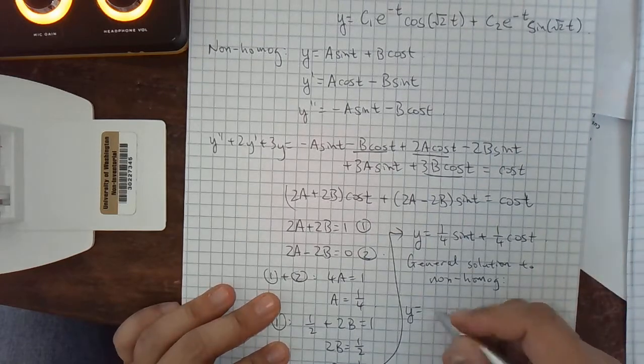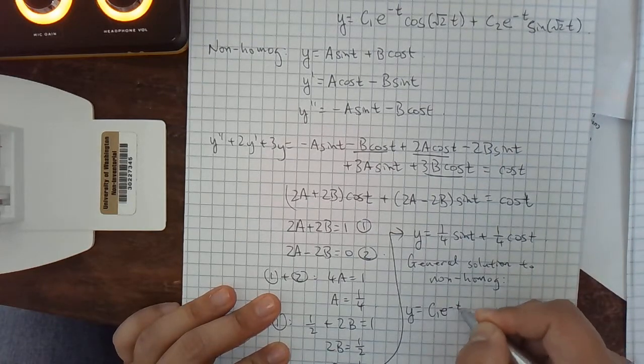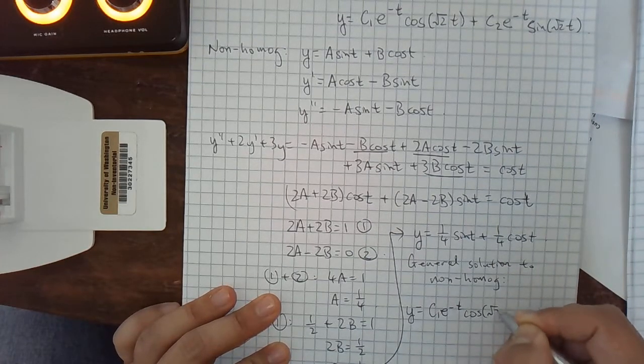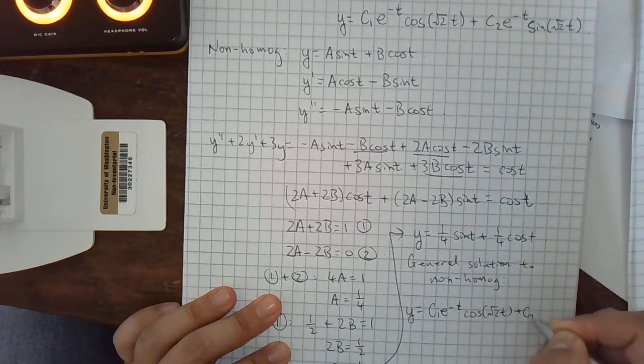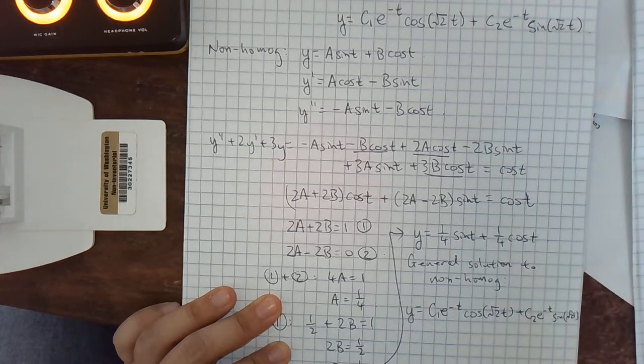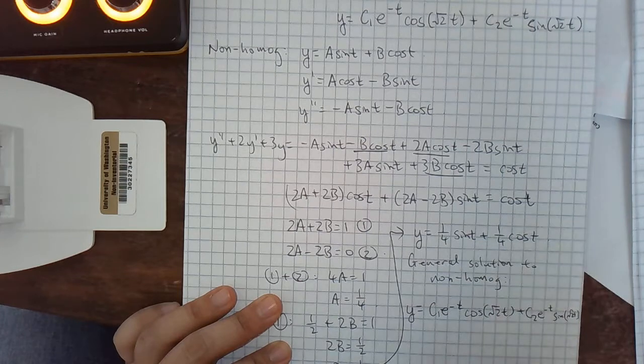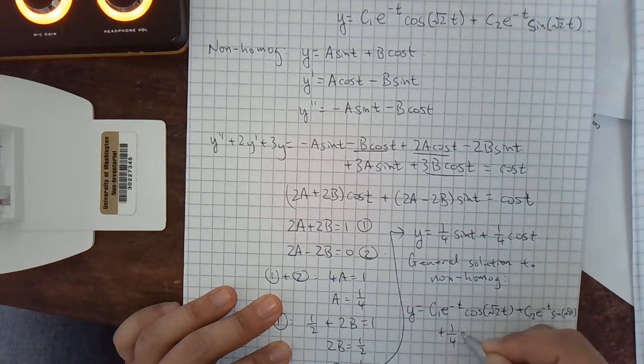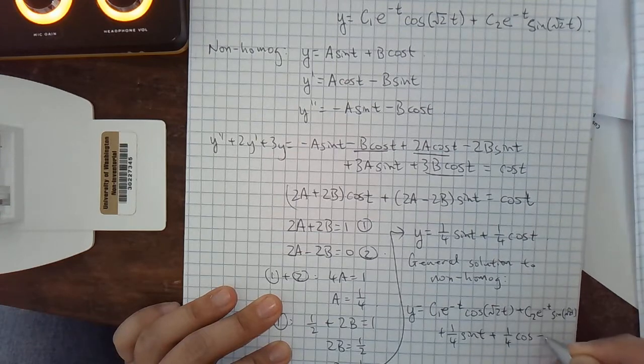So let's copy all that down. C1 e to the minus t cosine of root 2 t plus C2 e to the minus t sine of root 2 t. Hopefully you can see that. And then plus this thing, plus 1/4 sine t plus 1/4 cosine t.